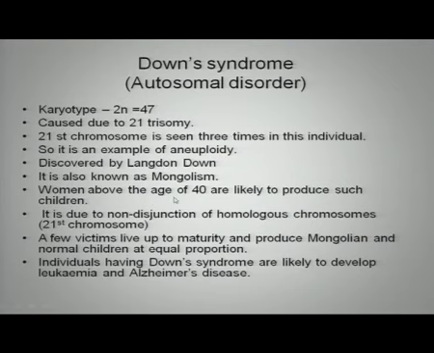It cannot be rectified, but it can be detected by prenatal diagnostic methods, amniocentesis, and such pregnancies can be eliminated.